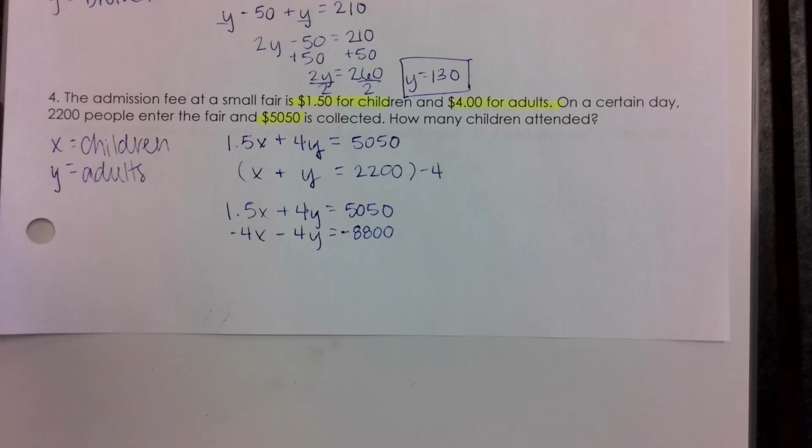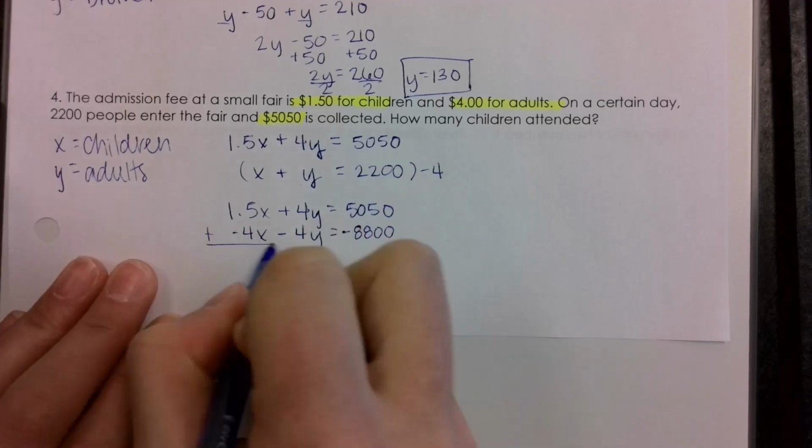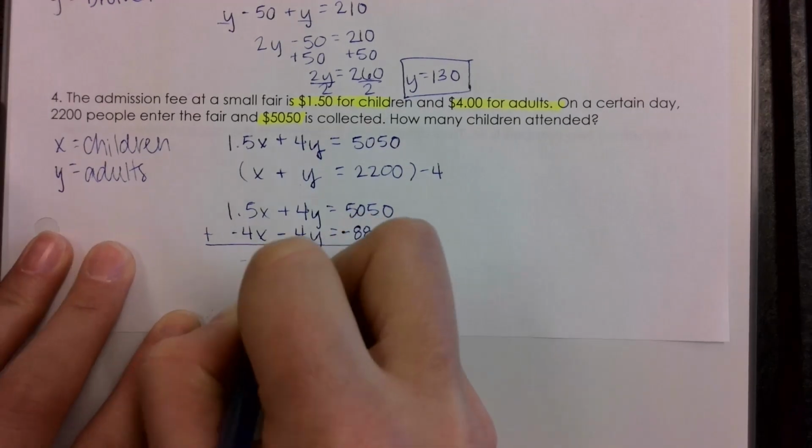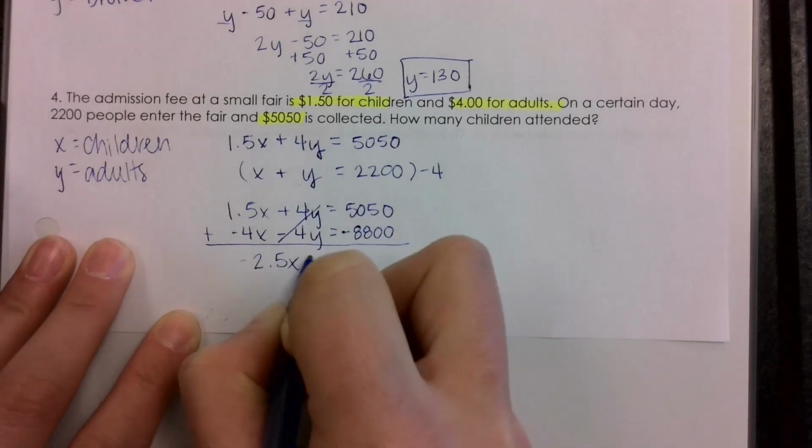Alrighty, so now we're going to add those two together. So we've got 1.5 minus 4. So what's 1.5 minus 4? Our y's cancel. Then we've got 5,050 minus 880. What is that?